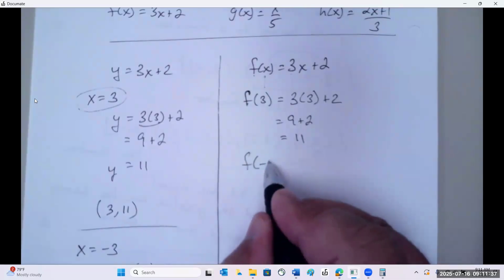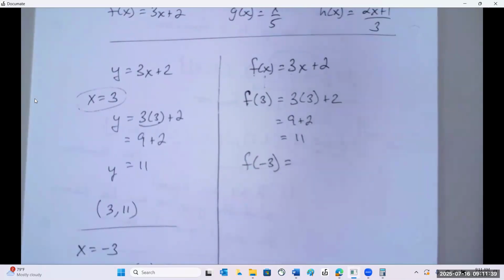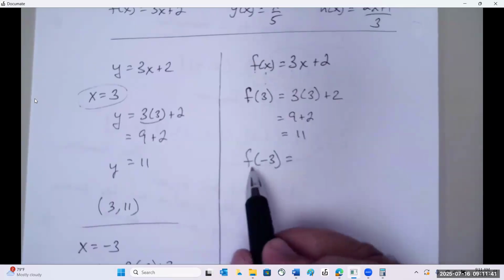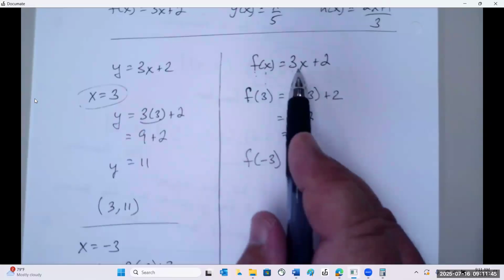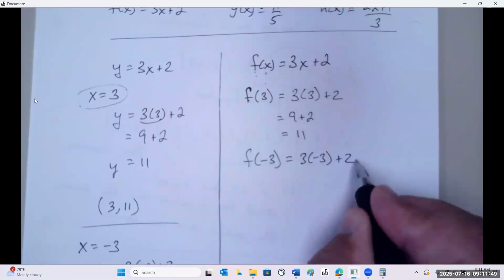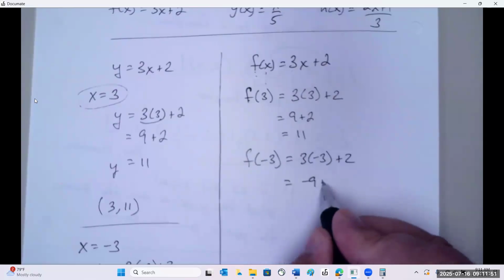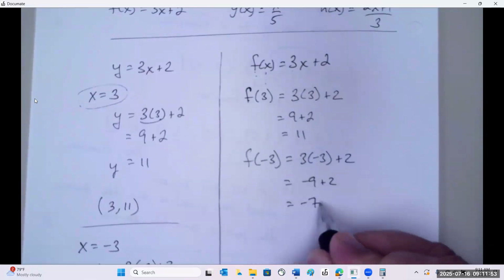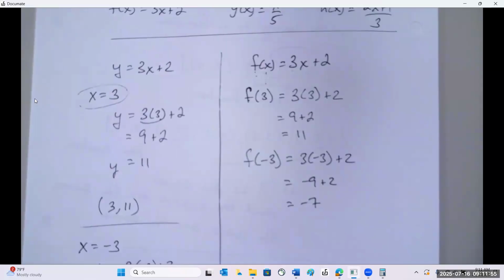Then I can also do the next one. I go to the function f, anywhere I see an x, I put a negative 3. So it's negative 9 plus 2 equals negative 7. It's an easier way of writing things.